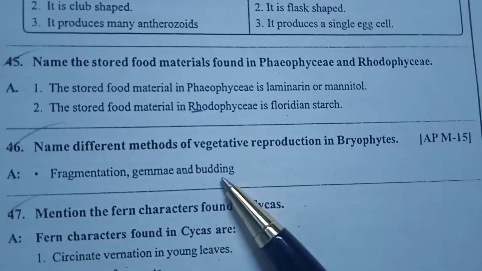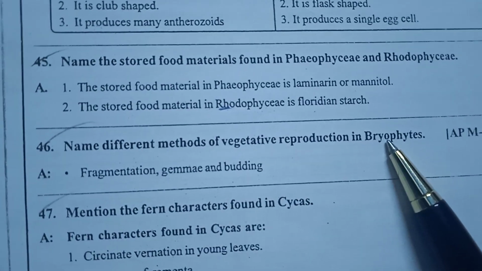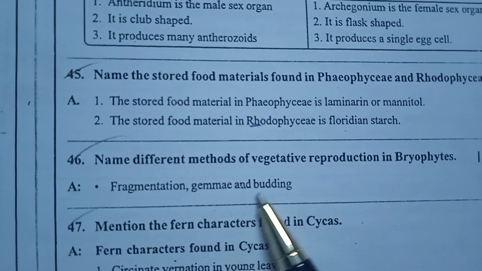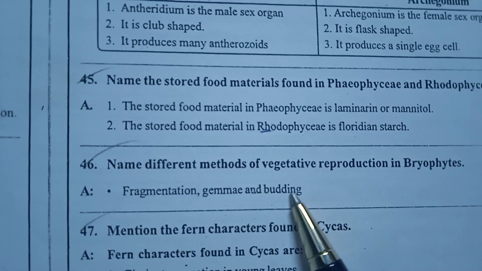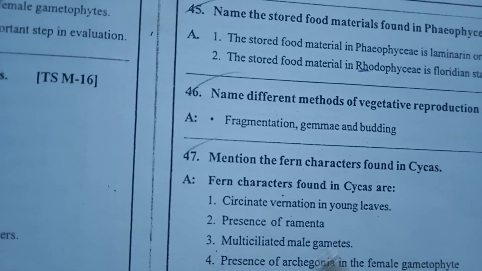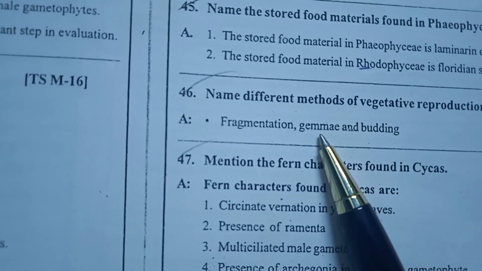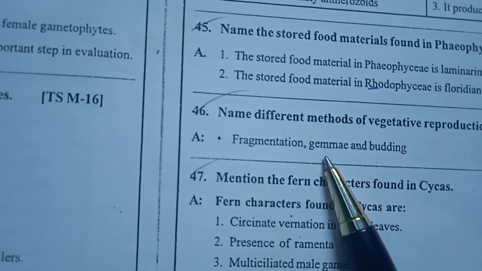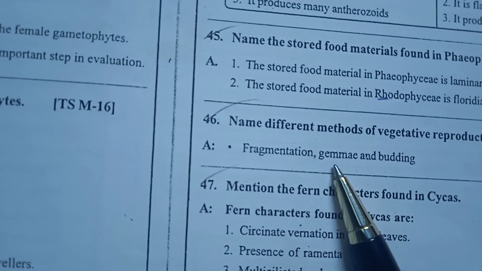Name different methods of vegetative reproduction in bryophytes. Fragmentation, gemma and budding. Gemma means a single cell that detaches from the parent and develops into a new individual.